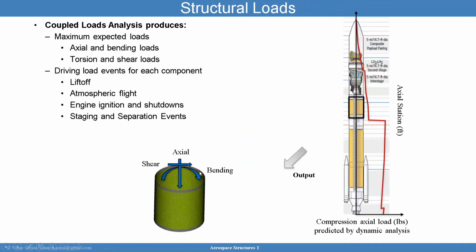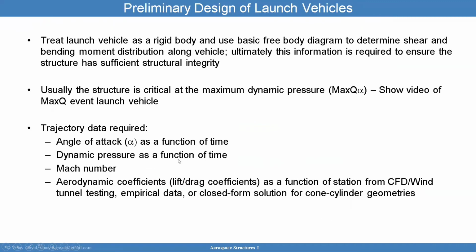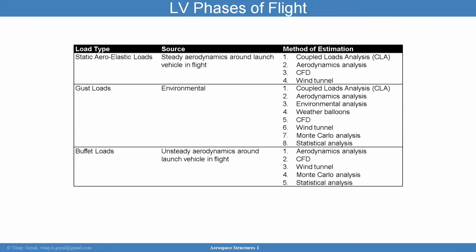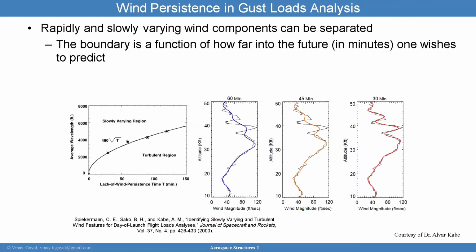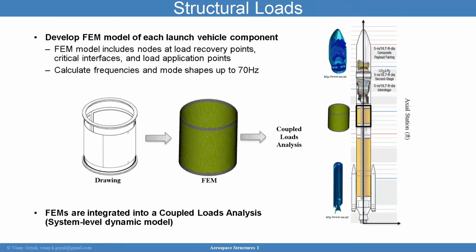And I'll cover what to do with this later in a future presentation. But for now, I do want to cover how you will go about it, say I don't have this luxury of performing this highly complex dynamic analysis, which is the way to do things.